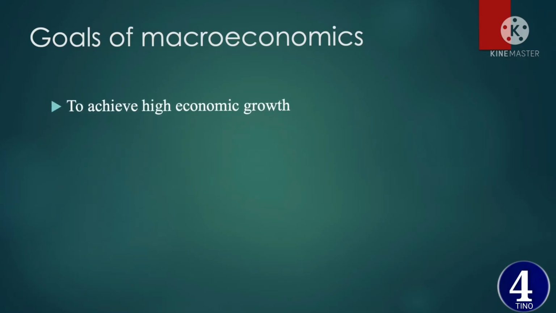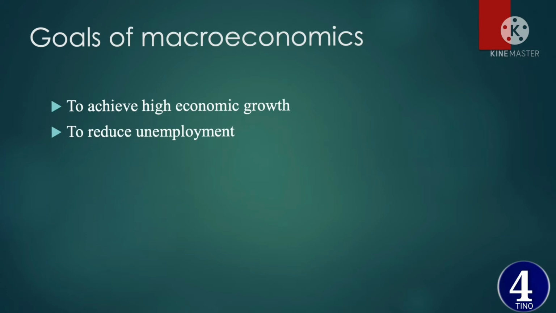The first goal of macroeconomics is to achieve a high economic growth as a country. Every nation should grow, and this growth shall be high. The second is to reduce unemployment.